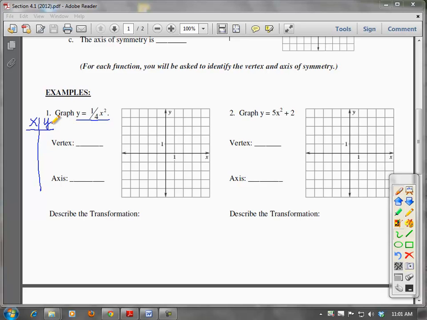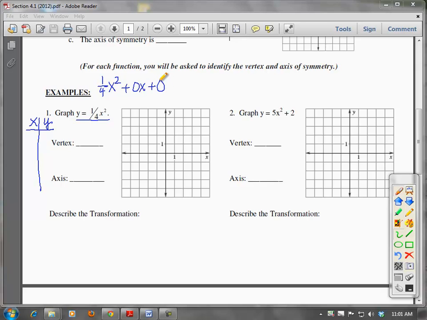And because I'm not moving, I'm not adding anything to my x, like I'm not moving it left or right, we're going to be able to stay with the points -1, 0, and 1. Now, let's say we didn't have a clue. We didn't know which values to pick. What we're going to say is let's rewrite this quadratic as 1/4 x squared plus 0x plus 0.